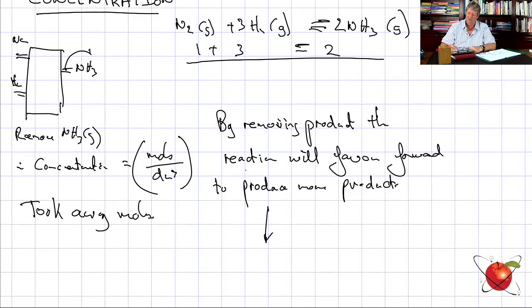I've taken it away. The reaction says, hold on, you've changed the concentration, you've reduced it, therefore I need to get it back to where it was. So by reducing the concentration of product, Le Chatelier favors the forward reaction, make product. In other words, increase it again.